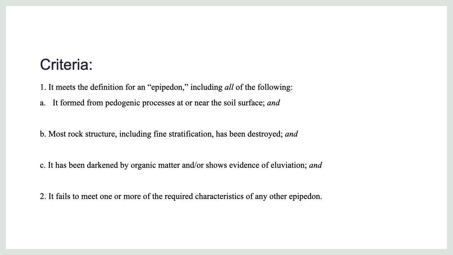So I can only call it an ochreic epipedon if the properties that I register in that horizon that I'm trying to classify don't fit all the requirements for the other epipedons. Okay, so I need to be sure about this. It's why I'm saying that you always need to be sure that you only classify, at least think about the ochreic epipedon, after excluding all the other possibilities, all the other epipedons.